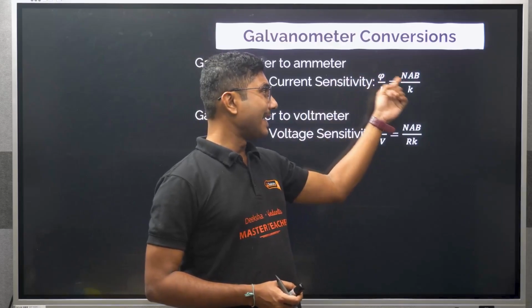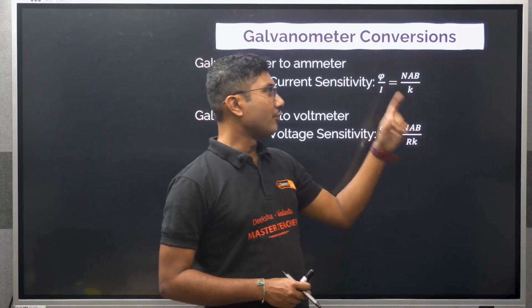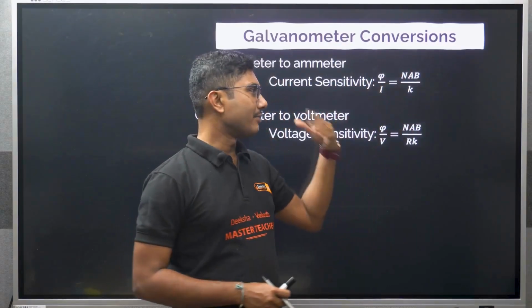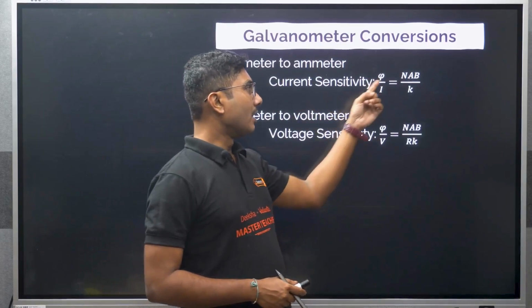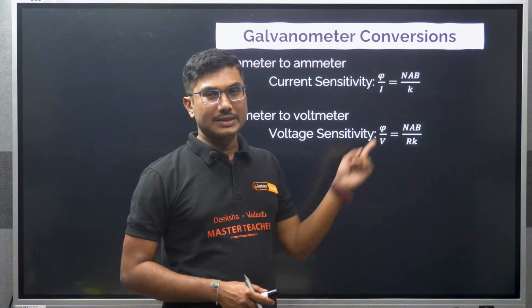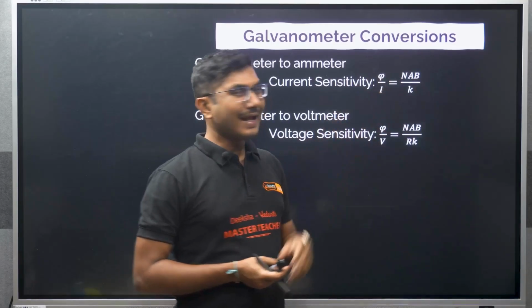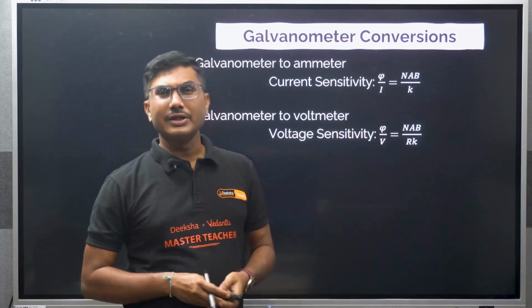Mathematically it is given by NAB by K. AB is the area of the loop, K is the spring constant, and B is the magnetic field.